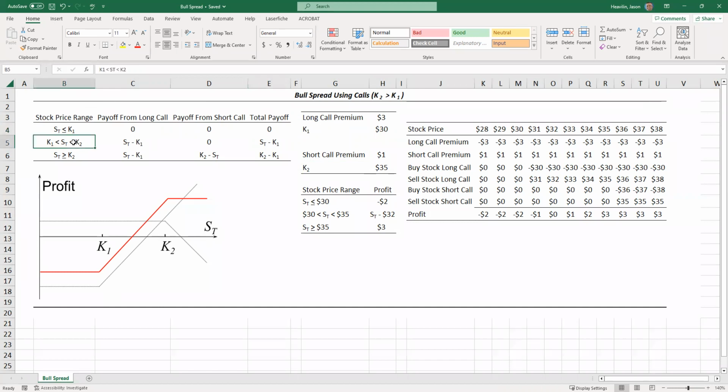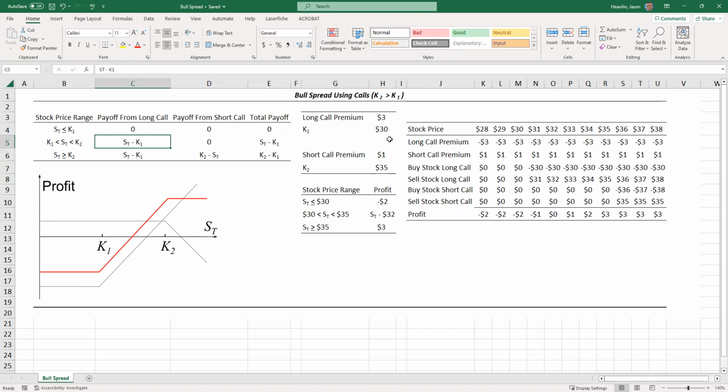Now, what happens if the stock price in the future is between K1 and K2, but not equal? We're talking about anywhere below 35, but not 35, and anywhere above 30, but not 30, somewhere between those two numbers. Then for the long call option, the one you purchased, you can calculate the payoff as the stock price minus K1.